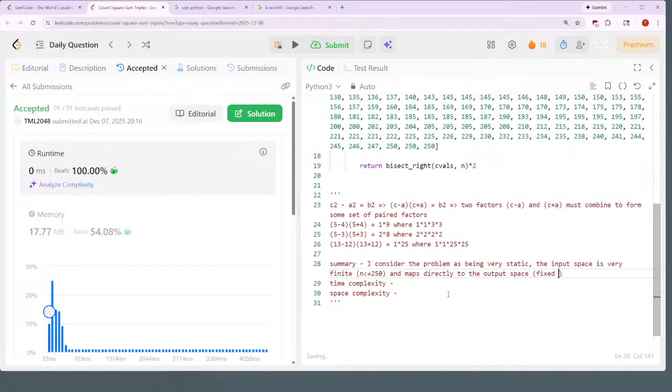Fixed answers to every input. Thus, this is a good problem to find the fixed output space array and return based on that. To find, by find I mean pre-compute.